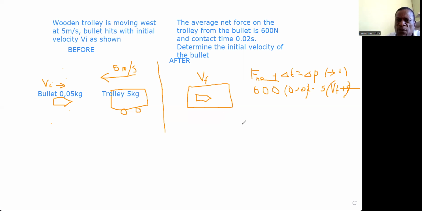Very good. Once we find the final velocity of the trolley, which is also the final velocity of the bullet, you can use the same equation again with the bullet. The mass of the bullet is 0.05. The final velocity we would have calculated, and the initial velocity you just call VI. The change in momentum will be m into (VF minus VI), same approach, and then you'll find the initial velocity of the bullet.